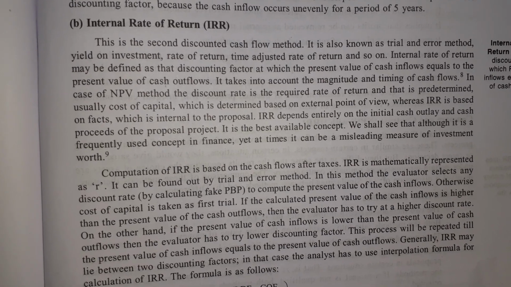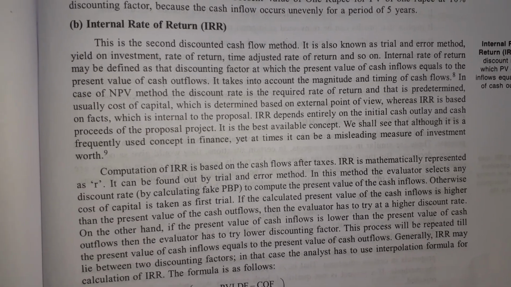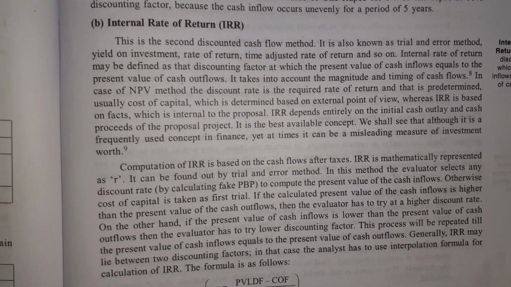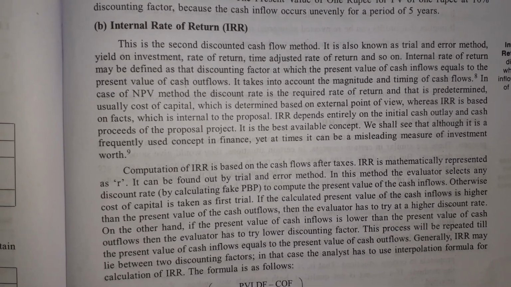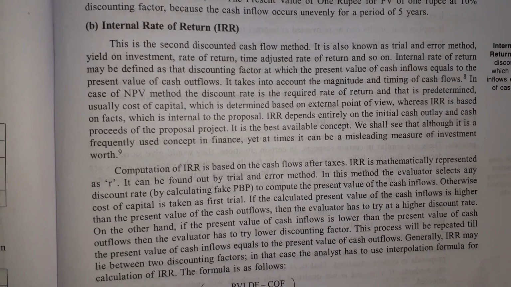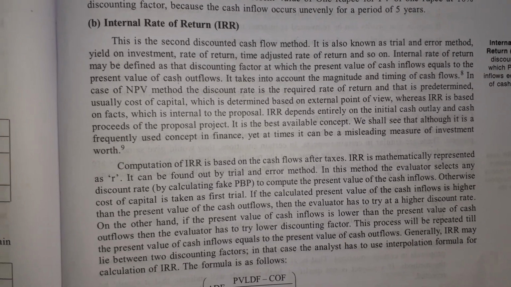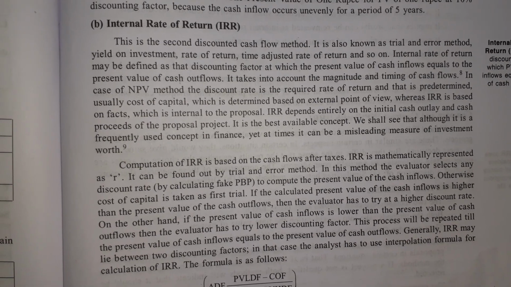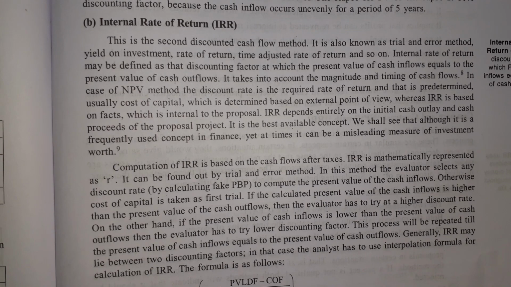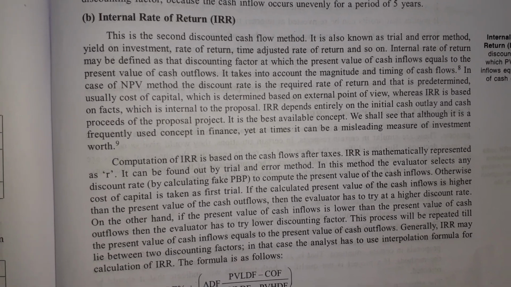Basically, this IRR is based on the NPV only. We have to compute the NPV first to find out the IRR. That is mandatory. So let's see how we compute the internal rate of return and why we want it. Usually in the problem they will be giving the required rate of return or cost of capital.